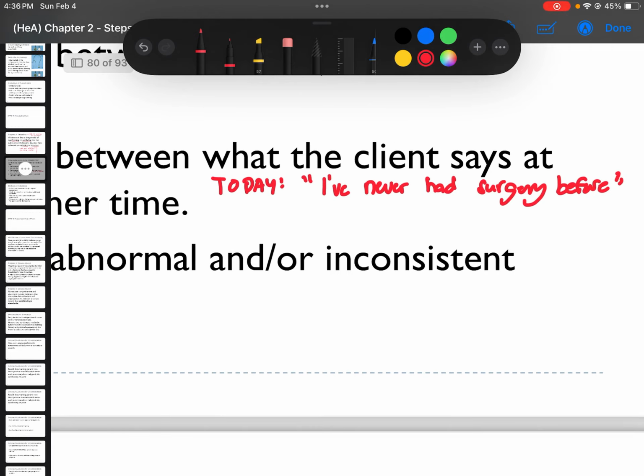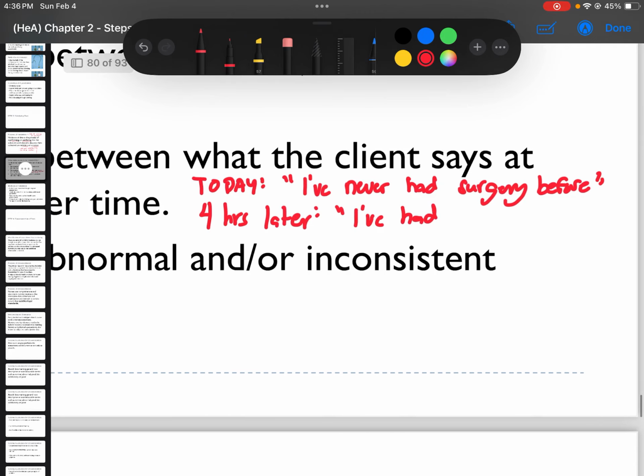But tomorrow, or let's say for example, 4 hours later, they say, I've had an appendectomy 4 years ago.